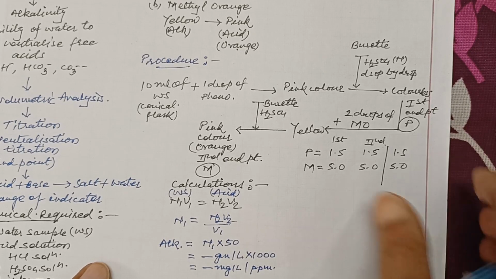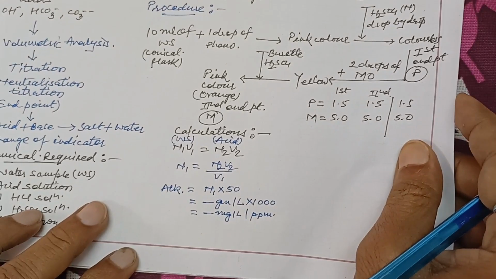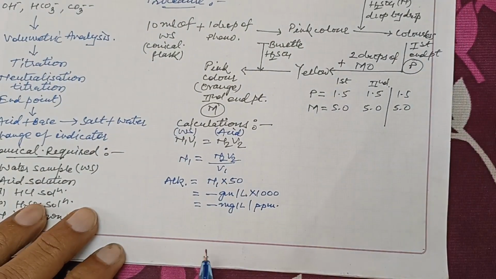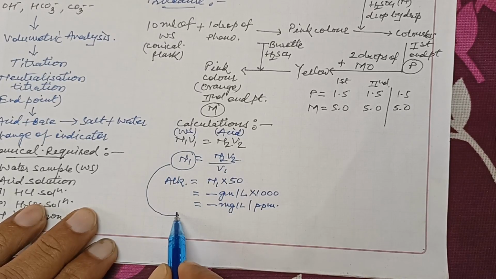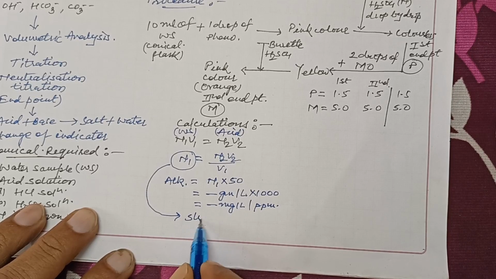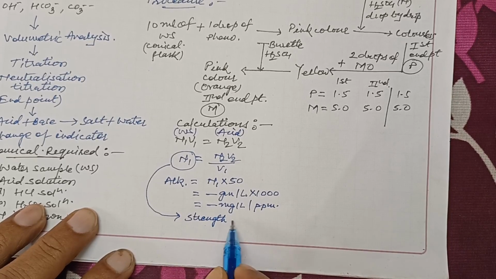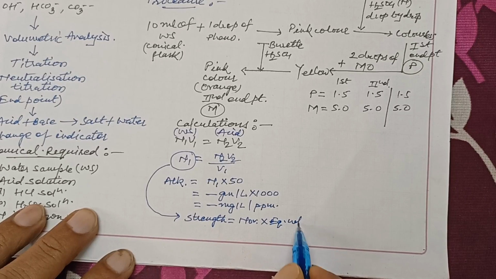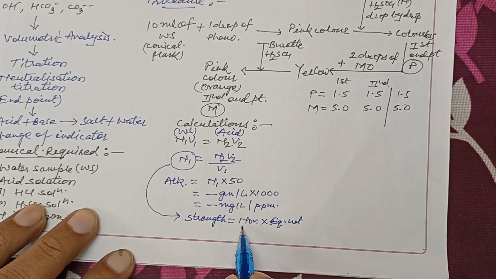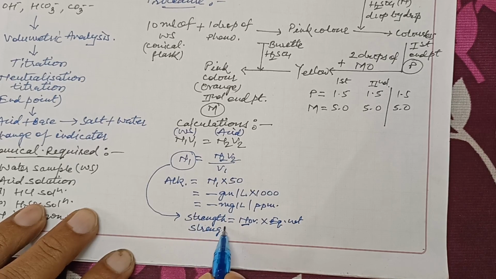There is one direct approach here. This N1 is actually formula strength: strength is equal to normality multiplied by equivalent weight, and to find normality we may write strength divided by equivalent weight is equal to normality.